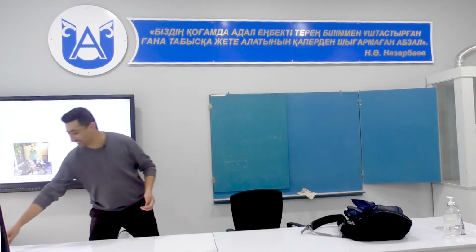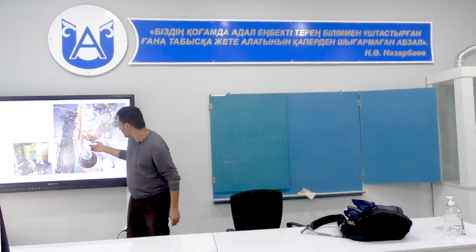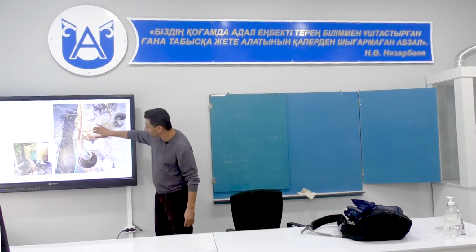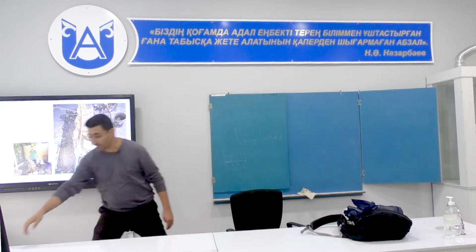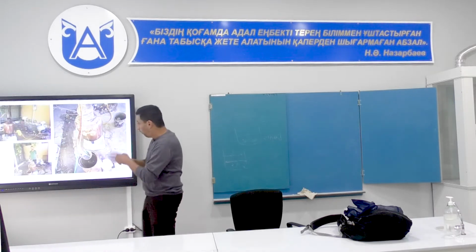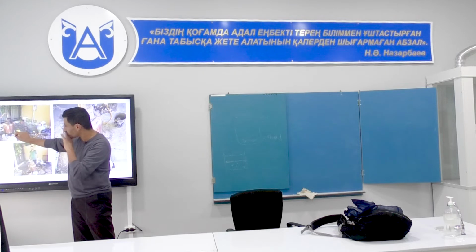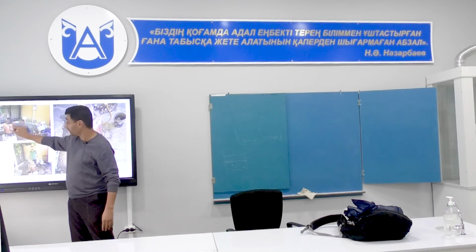Anyway, we will continue. Okay, this is imbik. Look, this is traditionally used. It's made from copper. We put the plant inside and we put water. After that, we use fire here, and it gets boiling.